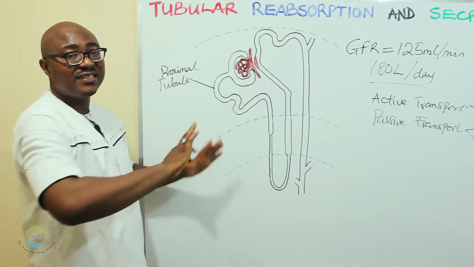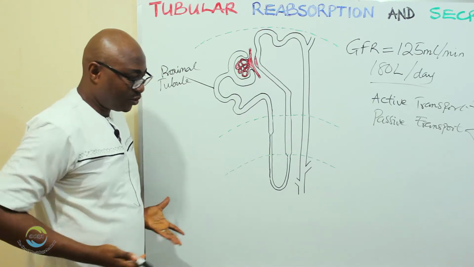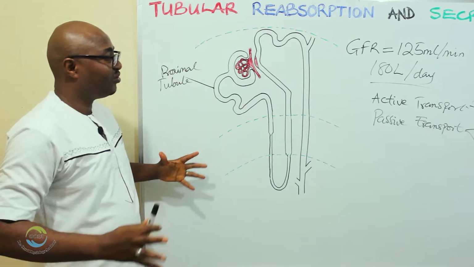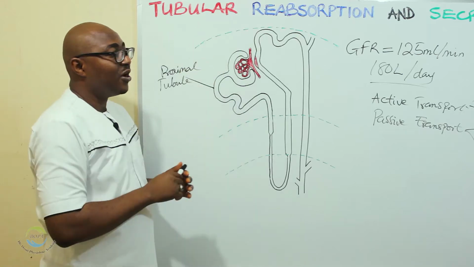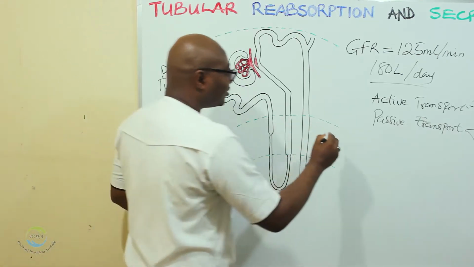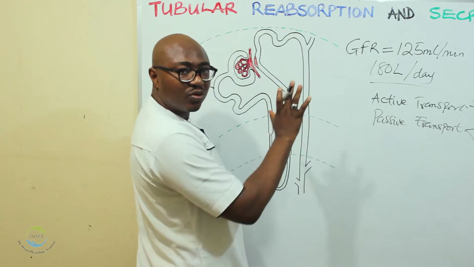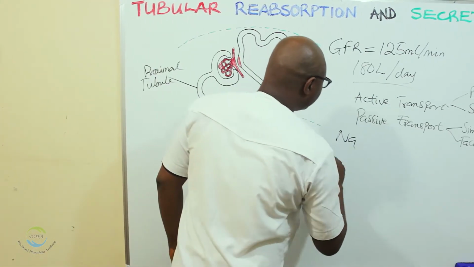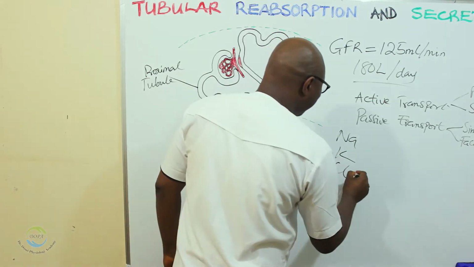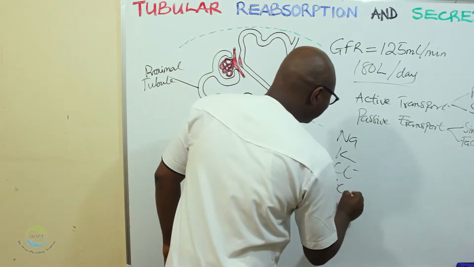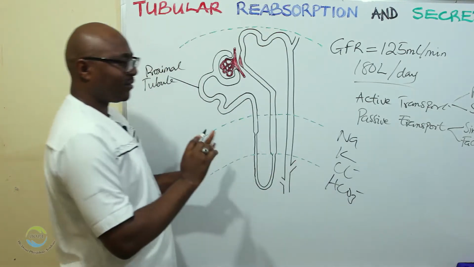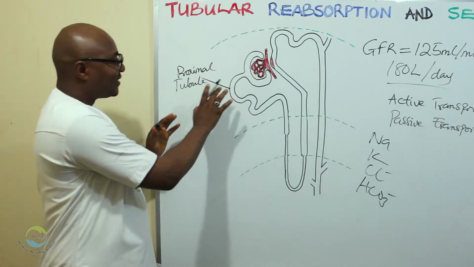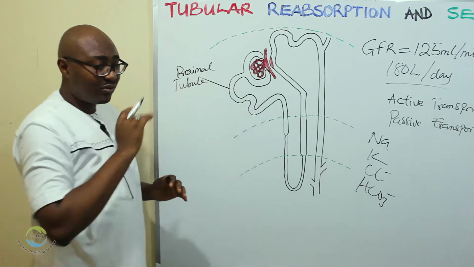Up to 60% of the reabsorption of water, this 180 liters you are seeing here in a day, 60% of it is reabsorbed here. All the solutes that are important and need to go back to the body, also glucose, sodium, potassium, chloride, bicarbonate, and so many like that. They need to go back. About 60% happens here. Note that.